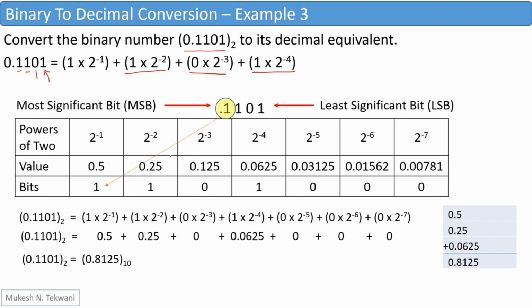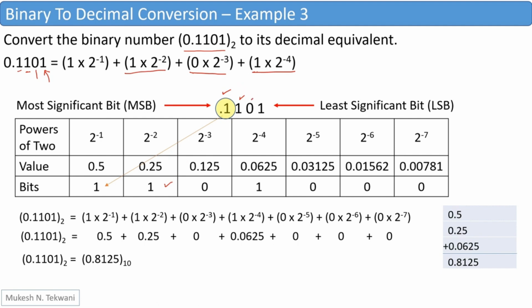Now let us observe. We take each bit from our fractional number, starting from the most significant bit, and we put the bit under the appropriate power of 2. We have 0.1, so the bit is 1, and we put the bit 1 under the power of 2 raised to minus 1. The next bit is 1, and this bit is written under the power of 2 raised to minus 2.